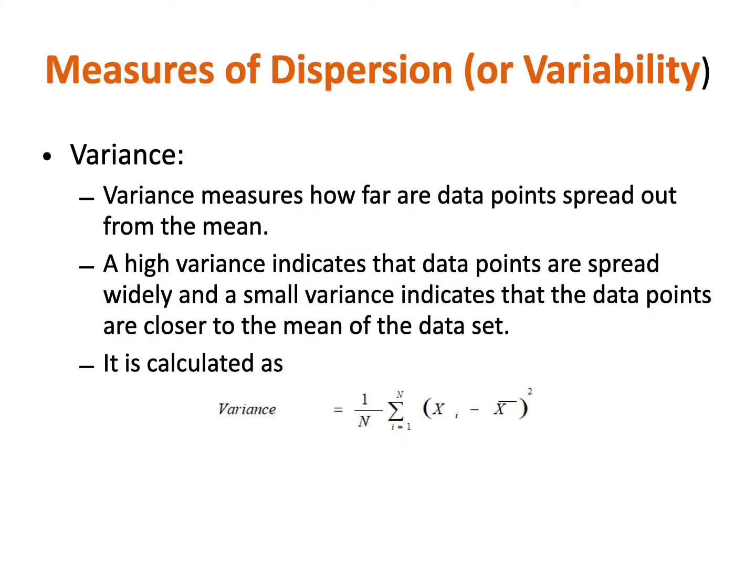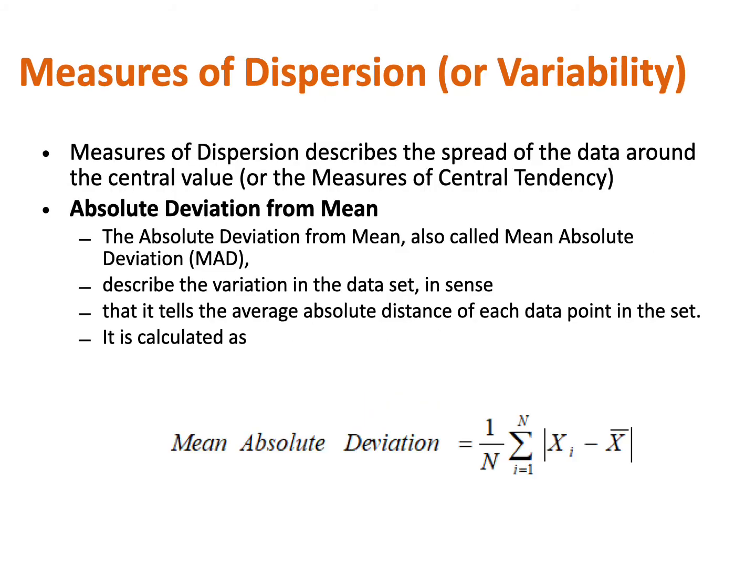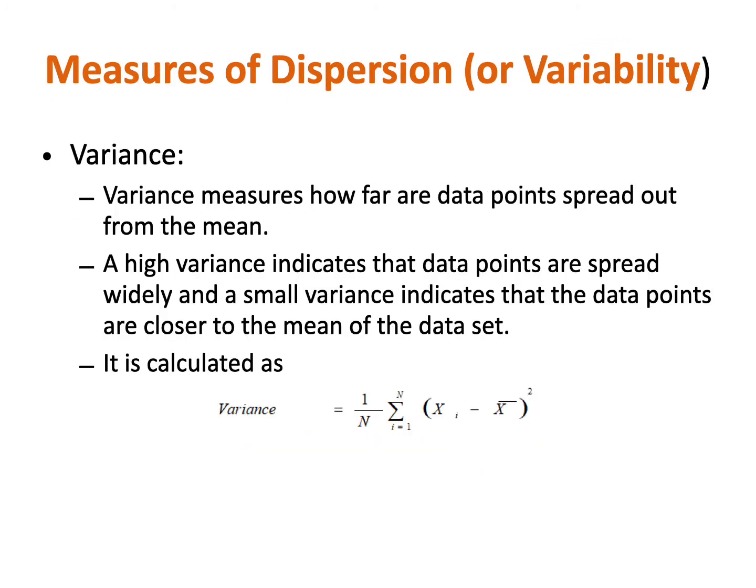Another one is the variance. It measures how far the data points are spread out from the mean, and it's the same as the mean absolute deviation, the only difference being that previously we took the absolute value of the difference, while here we take the square of the difference between the data point and its mean.